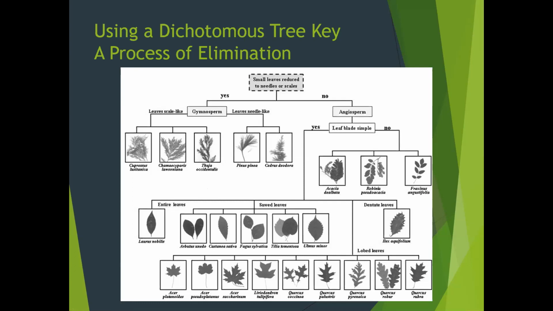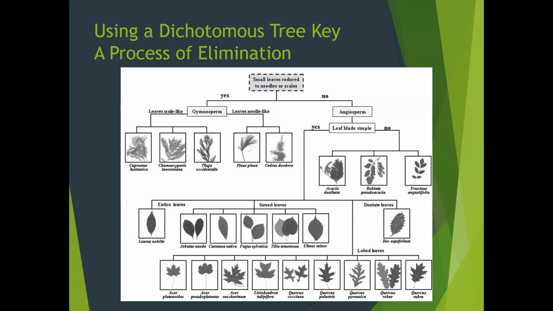So using a dichotomous tree key is pretty much a process of elimination of yes or no questions. You start off, for instance, this picture says small leaves reduced to needles or scales, yes or no. These are all kind of in Latin names, but the scientific term gymnosperm mostly means needle-like or scale-like leaves, and angiosperm means mostly broadleaf leaves.